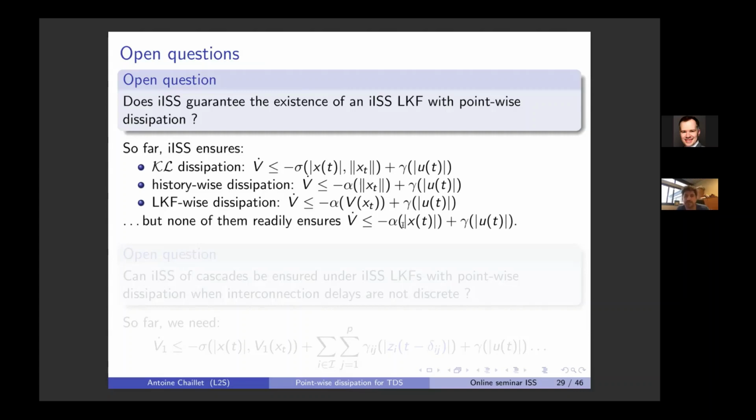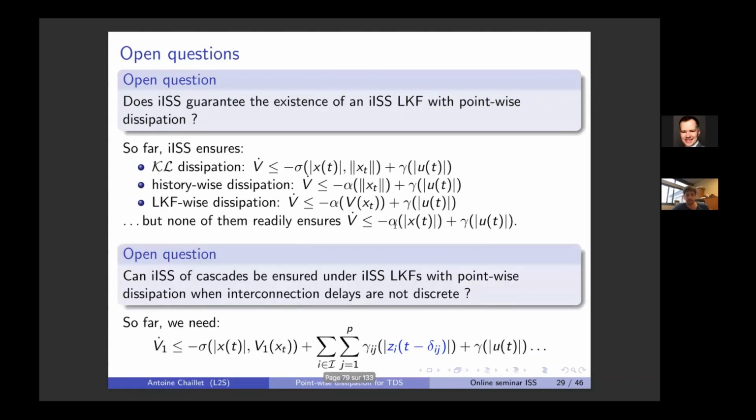It's just out of mathematical curiosity. I believe that in terms of sufficiency, this is the most interesting result. And in terms of converse result, most of the time you would like to have either a Lyapunov-wise dissipation or a history-wise dissipation, but it's unlikely that you need such a pointwise dissipation. But it's still a question of curiosity.